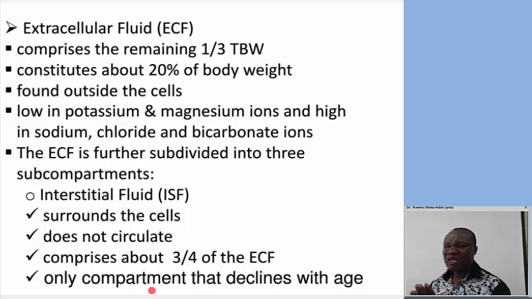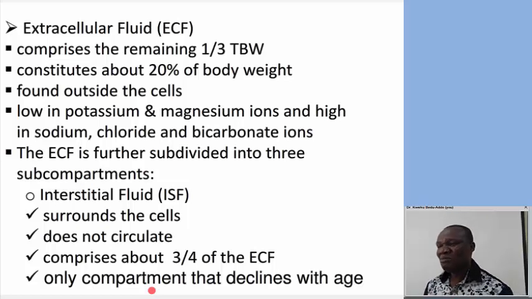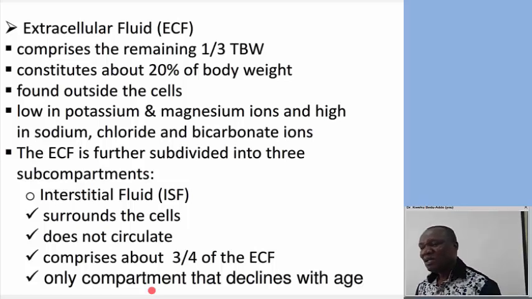Now, the extracellular fluid is very rich in sodium, bicarbonate, and chloride ions, and poor in potassium, magnesium, inorganic ions, and protein and ions.